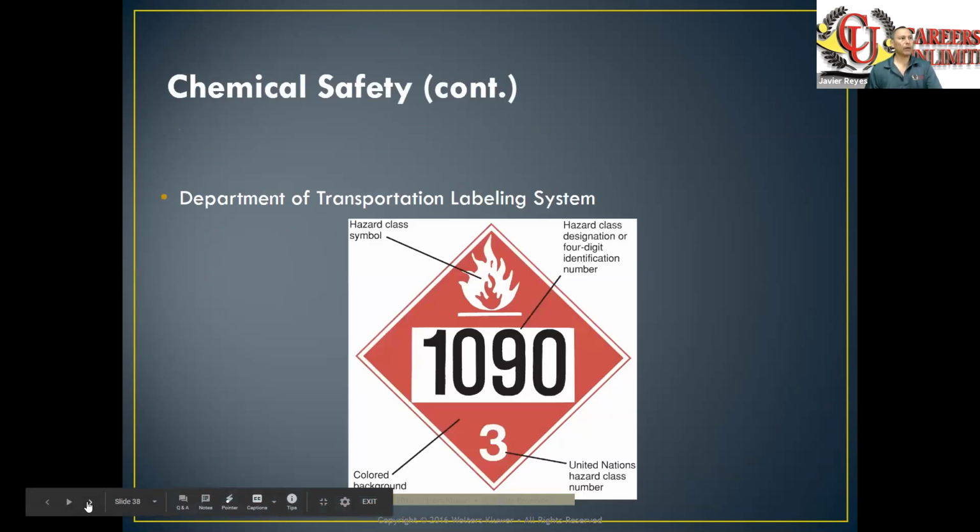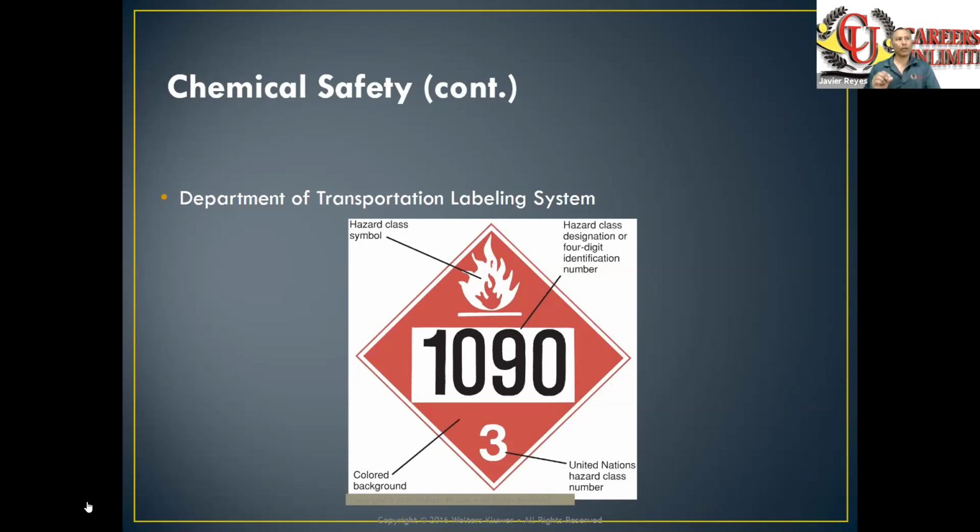Chemical safety, Department of Transportation labeling systems. Again, this is more for companies that carry various chemicals that are either flammable or hazardous to our health. They have to have all these different numbers and symbols on them so that we understand we have to be cautious. Next time you see one of those big pipe-looking trucks on the road, usually carrying gasoline to the gas stations, look at those symbols.